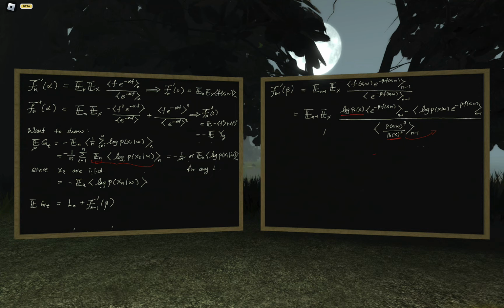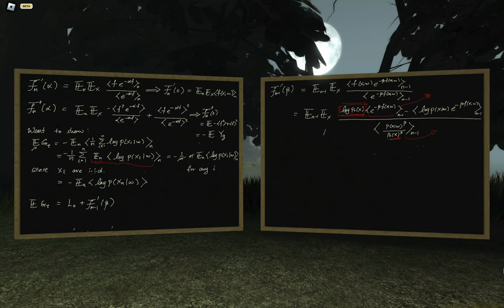And this term up here, okay, so what is that equal to? Well, that term is the same as the numerator, right? So that term and the numerator completely cancel. So our first term here is just this term.